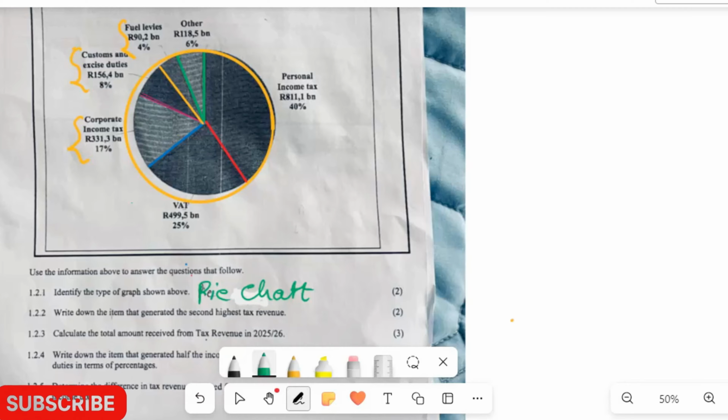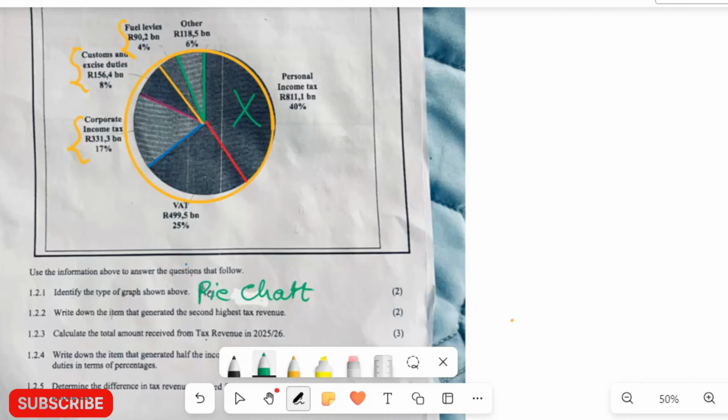And they say write down the item that generated the second highest tax revenue. The second highest tax revenue. Where do we get the second highest tax revenue? Okay, when we look at it, this one looks to be the biggest. The personal income tax is the biggest, but we don't want the highest.